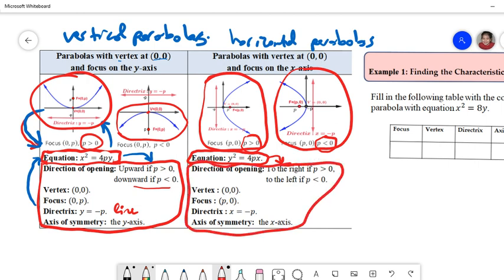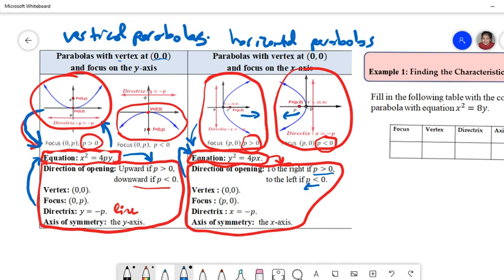Or sometimes we give this information to you and say, find the equation. And the same is true for the graph. Now, if p is bigger than 0, it opens to the right. If p is less than 0, it opens to the left. And then we have the vertex at (0, 0).